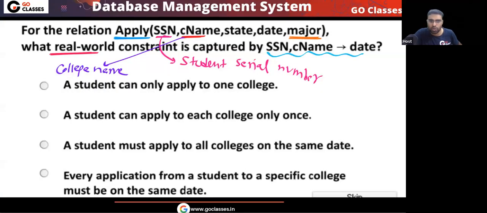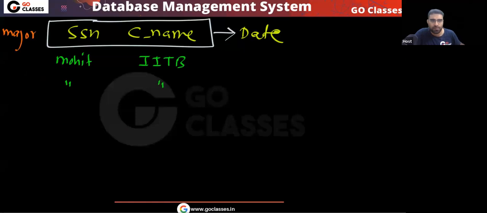So, for multiple courses, you can apply. Now, Mohit applies for computer science also. Maybe for artificial intelligence also. Maybe he also applies for CDS. Anyway, in IIT Bombay I think there is no CDS, that is in IISc Bangalore. Anyway, so you can see Mohit applies for IIT Bombay.